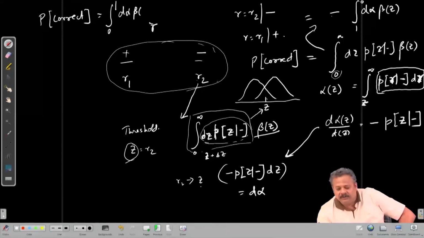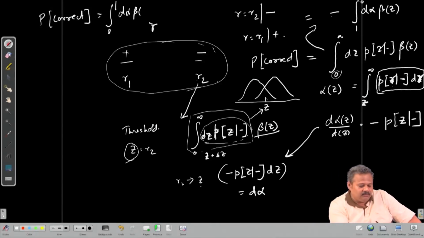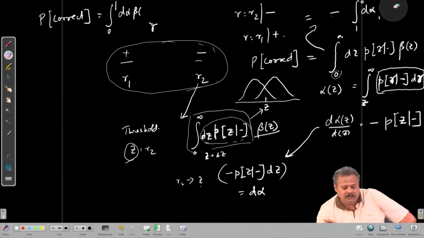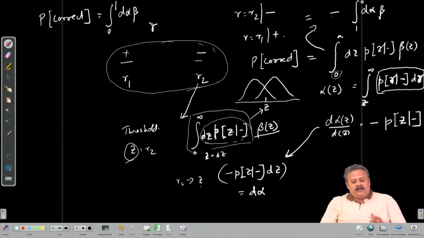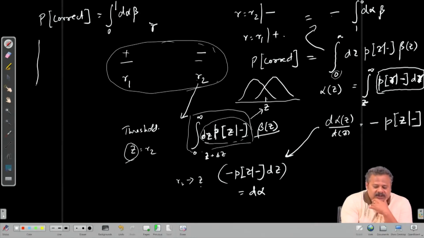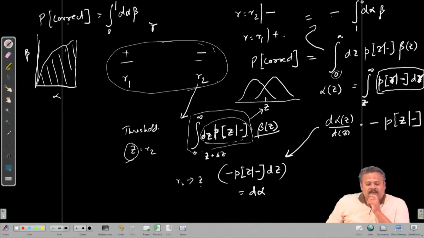I think we should write this as only beta because we have removed z, pardon me. So if we consider the ROC as alpha and beta as a function of alpha, then the area under this curve is the percentage or probability of correct, because this is representing this area.